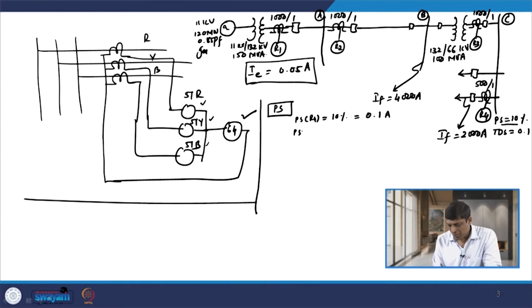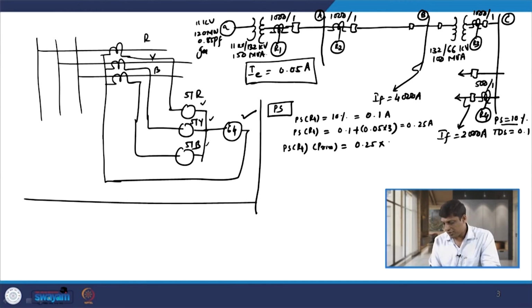So, the plug setting of relay R4 considering the excitation current of 3 line CTs is 0.1 plus 0.05 into 3, because we have 3 line CTs. This comes out to be 0.25 ampere. Now, when I transfer this current to the primary of the CT connected with relay R4, then we have the plug setting of relay R4 on primary side. That value is 0.25 multiplied by CT ratio 500, which is 125 ampere, right.